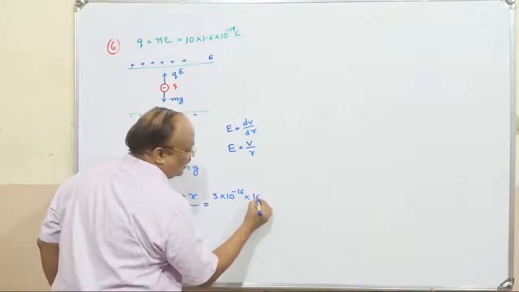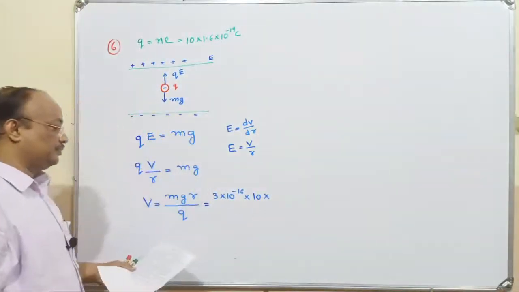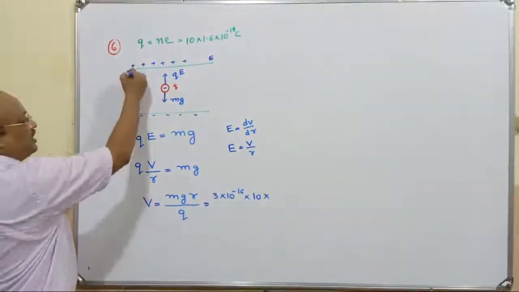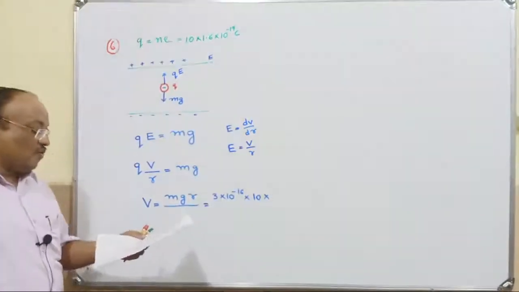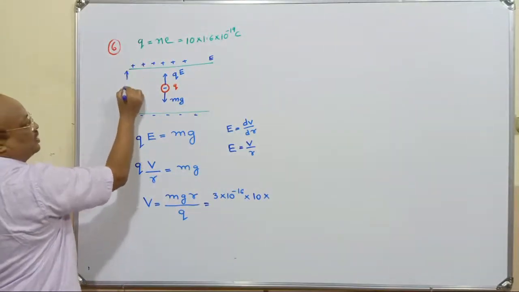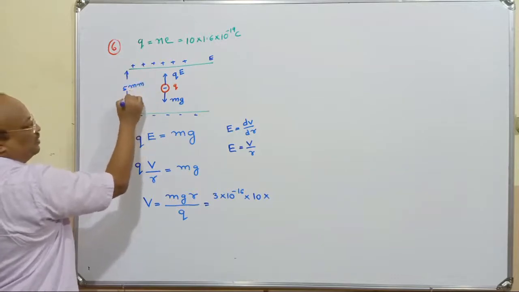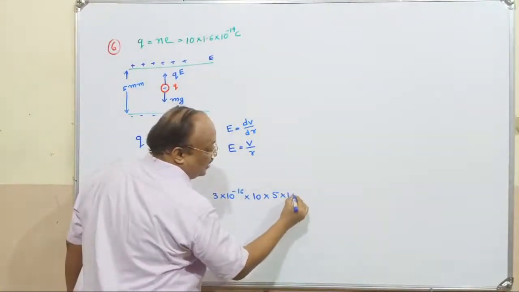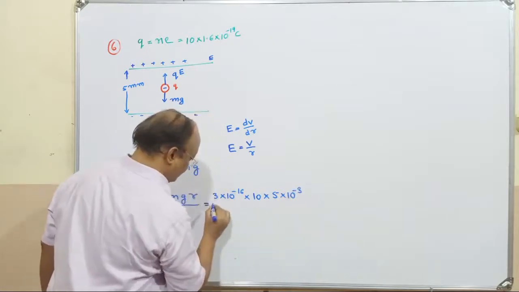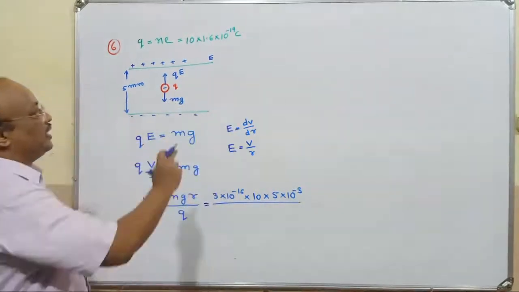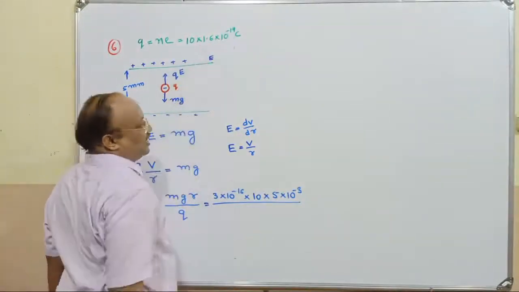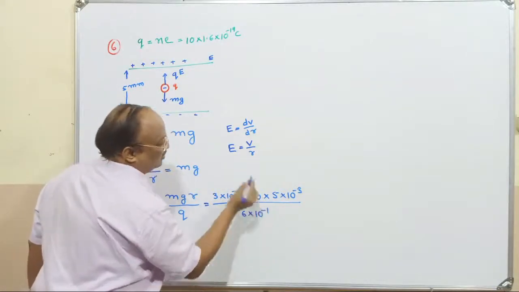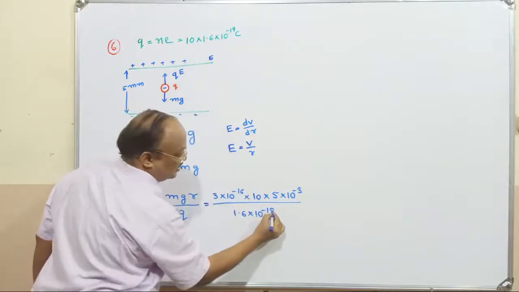They have asked us to take g as 10. Then the separation between these two, they have given as 5 millimeter, which is nothing but 5 into 10 to the power of minus 3, whole divided by 10 into 1.6 into 10 to the power of minus 19. 1.6 into 10 to the power of 10 into this, I can write it as minus 18.